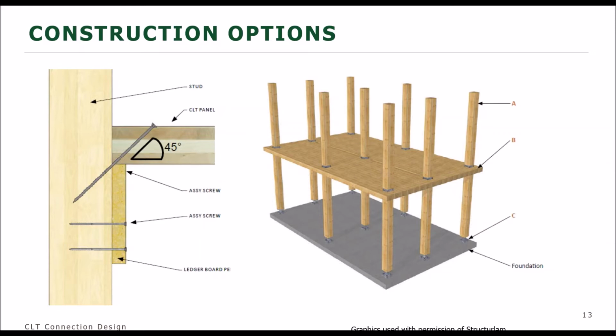And for designers, the sooner that you can talk to the CLT manufacturer in your planning stages, the better it will be for the design of your structure, because you can work around things like fitting connections into assemblies. Especially when you have fire rated connections, these can be a little bit complicated to fit in if you don't account for it early in the design. It can create some unnecessary challenges.